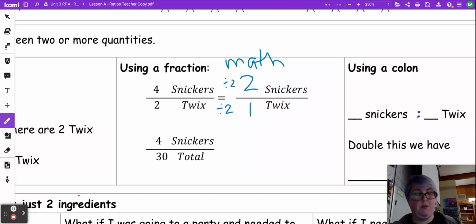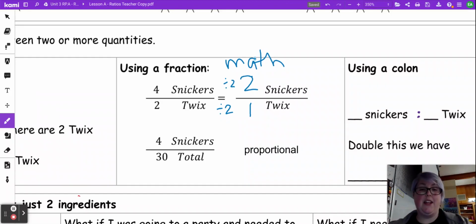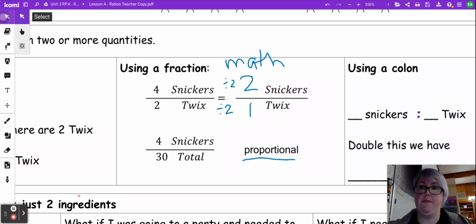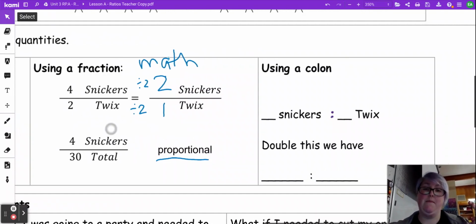For every 2 Twix, there are 4 Snickers. For every 1 Twix, there are 2 Snickers. That's the same relative proportional relationship. We are keeping the same relative amounts. There are more Snickers than there are Twix, but we are multiplying and dividing by common factors to get that relationship, that proportional relationship. So fractions are the second way.